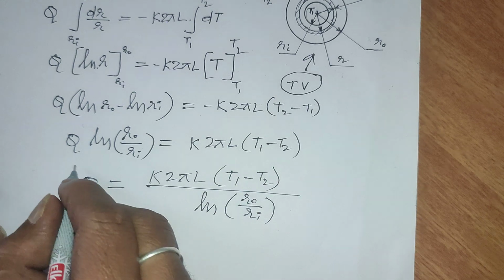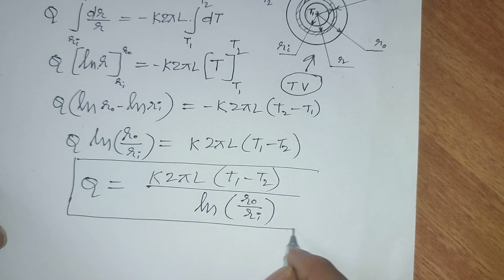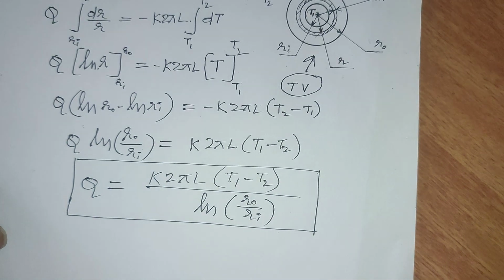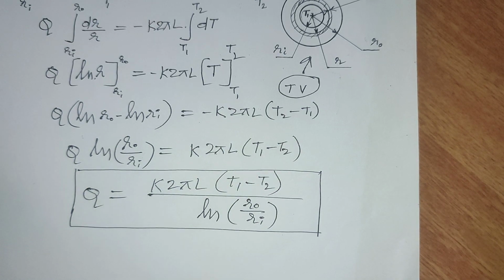This is the equation for heat transfer in a cylinder in the radial direction from inner to outer.